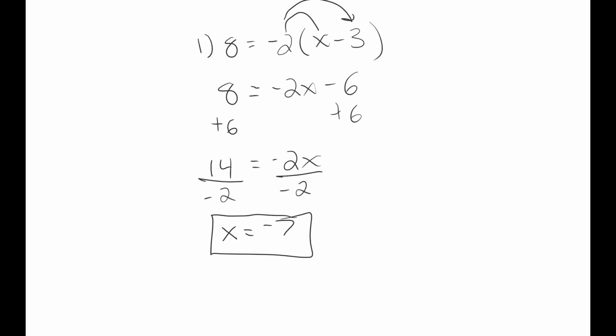Well, for those of you who've got a very sharp eye, you would have seen that I actually distributed wrong. When I multiplied in this -2 and I multiplied it against this -3, I should have had a +6, not a -6, because if we recall, a negative times a negative is equal to a positive.